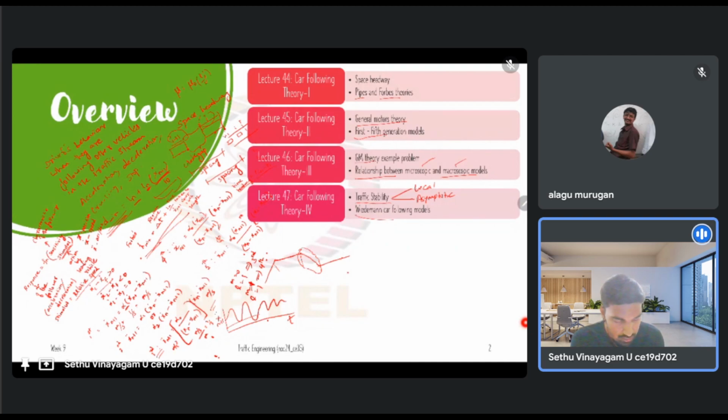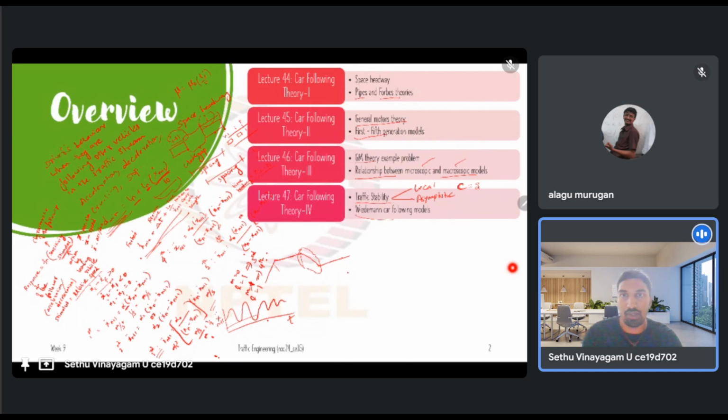So for this traffic stability, we measure it as a product of two things. One is the sensitivity, the alpha term that we had. That contributes to the stability.